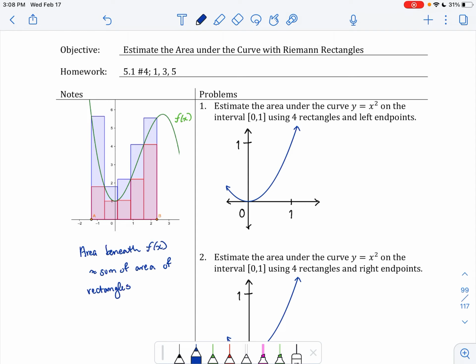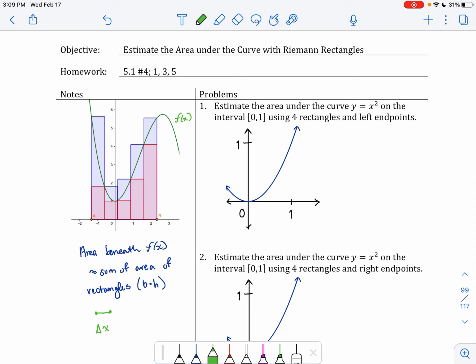And remember, area of the rectangles is base times height, which in this case, the base of the rectangle is the difference in x. So we can write that as delta x.